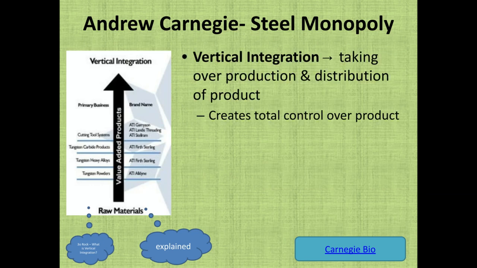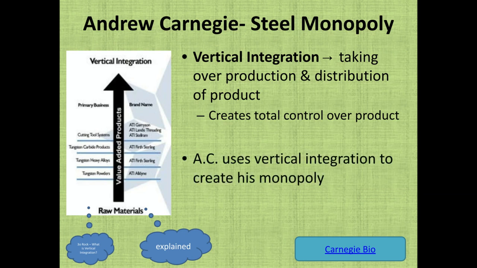That's what vertical integration is: taking over a product and its distribution and creating total control over the product. And of course, I've given you a nice little diagram over here on the left, so you can get an idea of some of those things that are involved. Andrew Carnegie uses this vertical integration to create his monopoly.